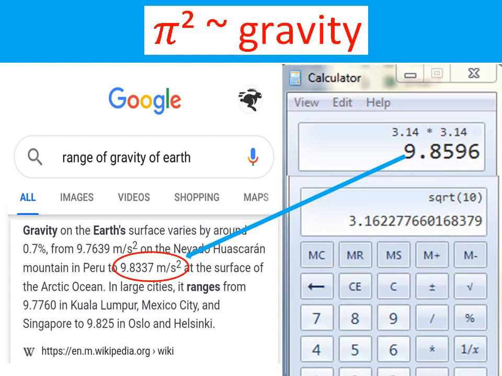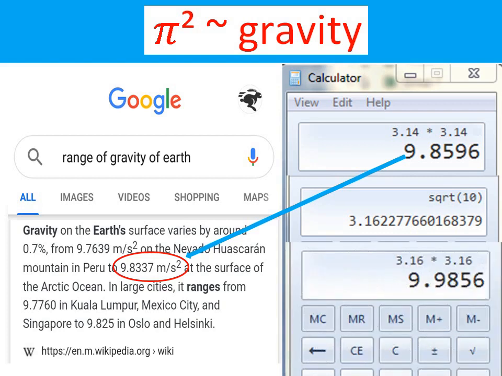When this is allowed in schools, why can't this also be allowed in schools? Because 3.16 is very far from 3.14, and the square of 3.16 is 9.98, and it is out of the range of gravity on Earth.